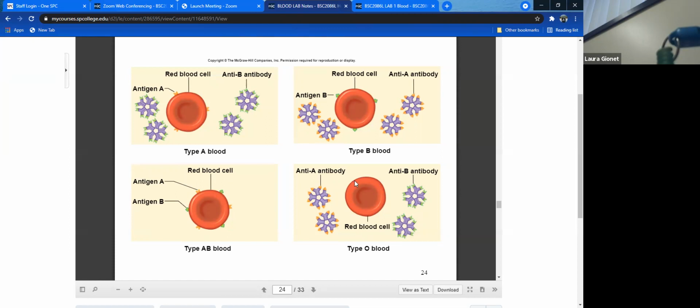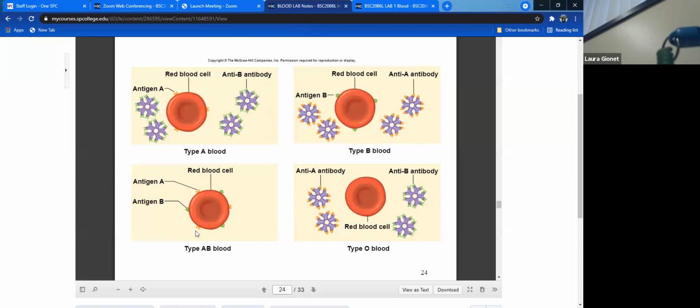If you have neither A nor B antigen on your cell surface, I call it being like a bald red blood cell, that is what determines type O blood. So you have neither A nor B antigen on your cell surface, and therefore you make both A antibodies and B antibodies. You have no risk of those antibodies binding to any of your own red blood cells because you have neither A nor B antigen on your cell surface.